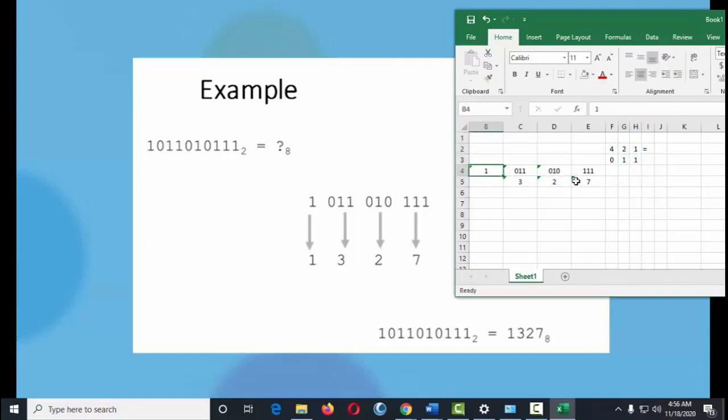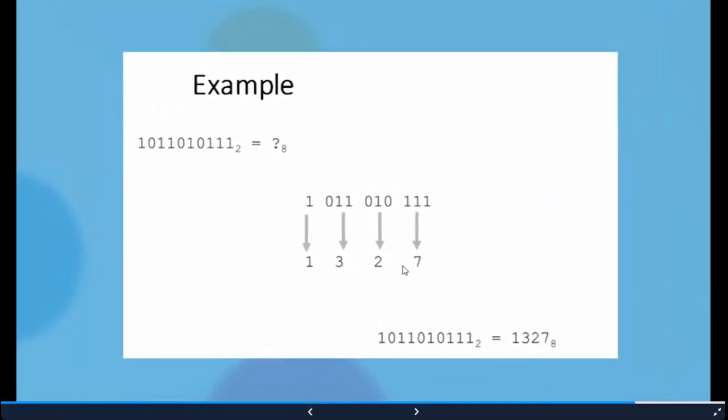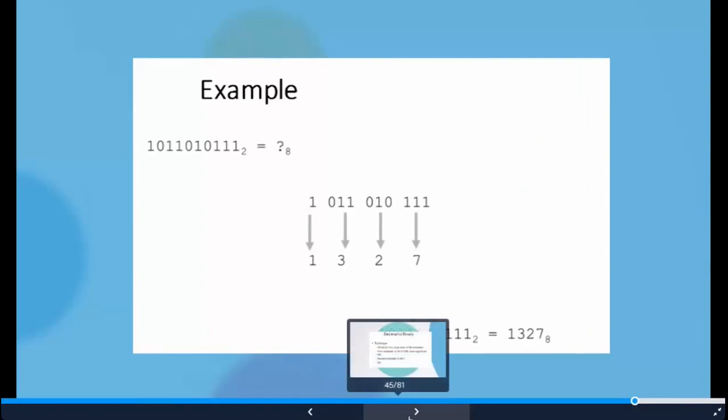And finally, 1 only, so the others are 0 and the answer is 1. So basically your answer is 1327 in octal. Hope you got it.